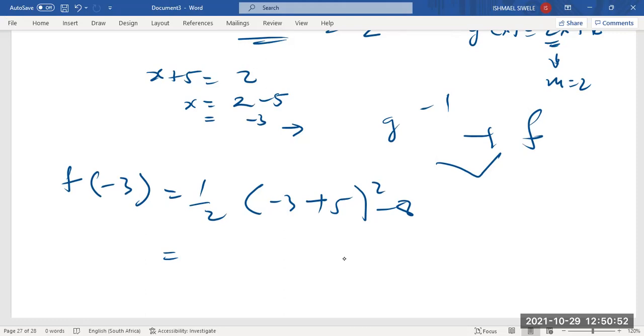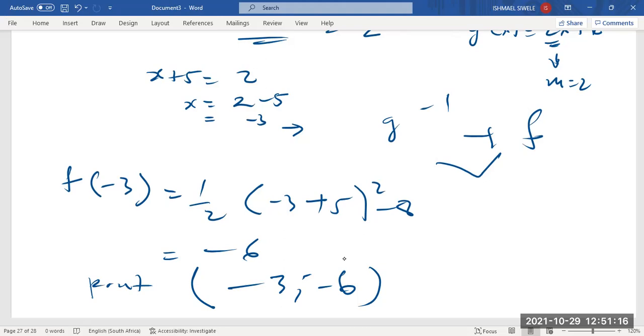This is -6. So this is the point where the tangent, which is the g inverse, and f will be making contact. So this is -3 and -6.